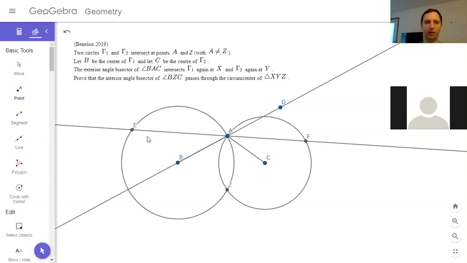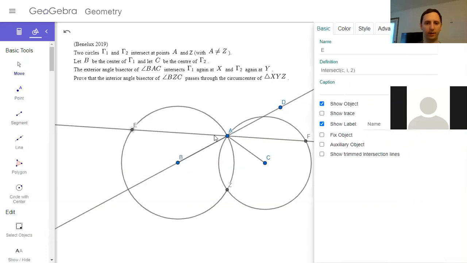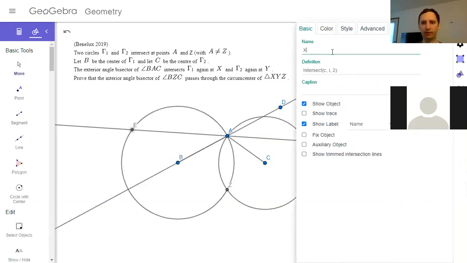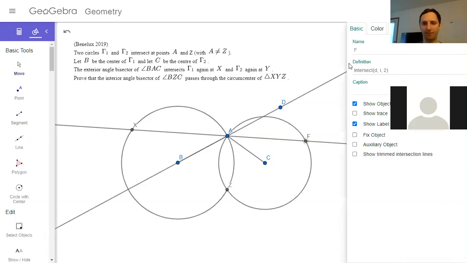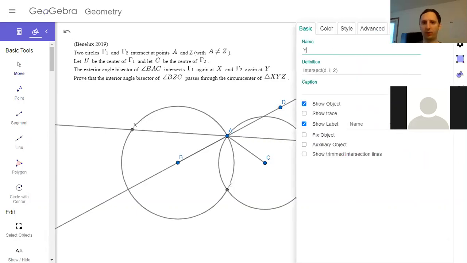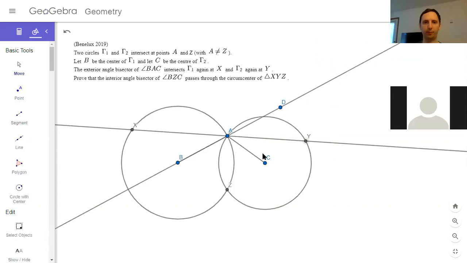And then it intersects the circles at X and Y. So that's X, this is Y. And we want to show the angle bisector of BZC passes through the circumcenter of XYZ.